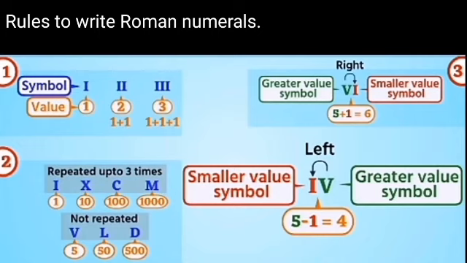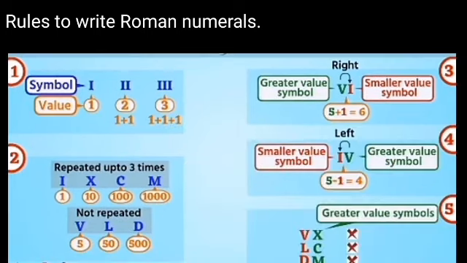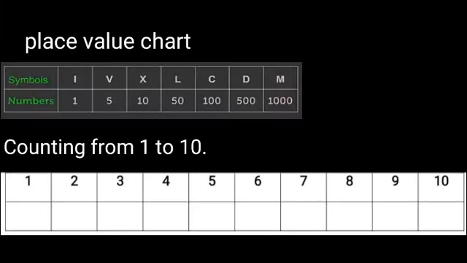So we will subtract the value of these two symbols and the value of IV will be 5 minus 1, that is 4. Values of V, L and D cannot be subtracted. So we will never write these symbols to the left of any other symbol. Now let's practice with these examples.